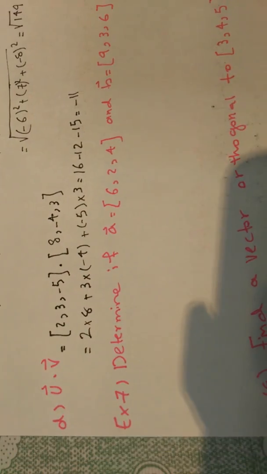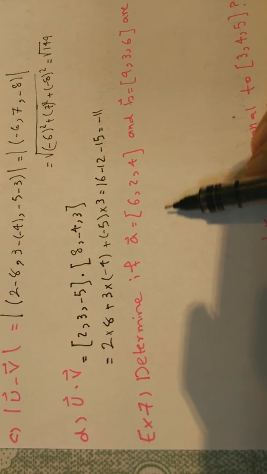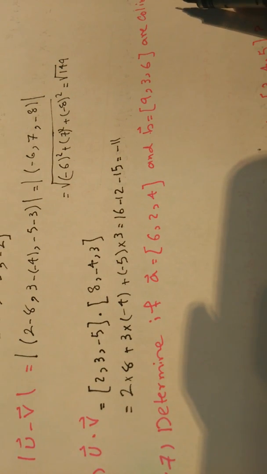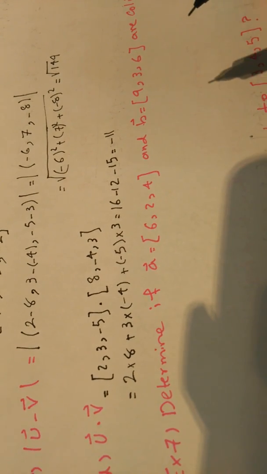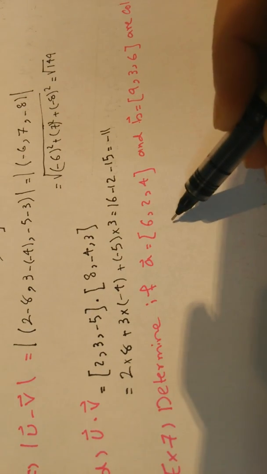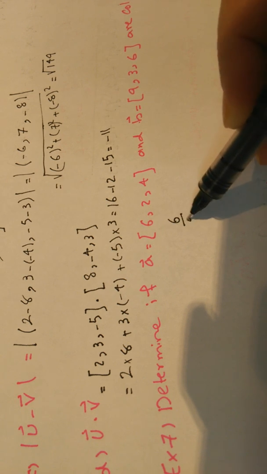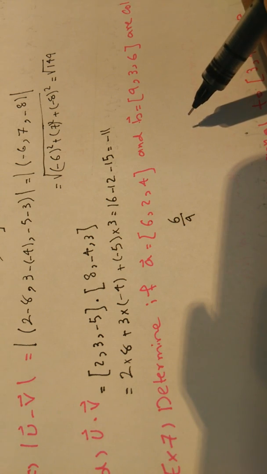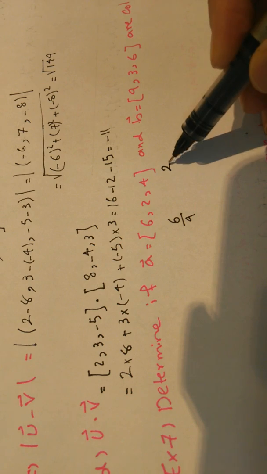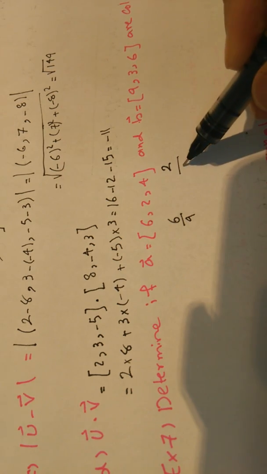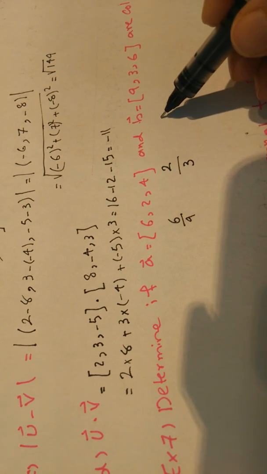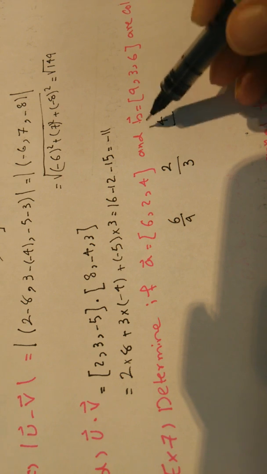So next question, determine if A and B are colinear. So if they multiply with each other, they're colinear. So I want to see if the 6 over 9, so x component over x component, also y component over y component, and z component over z component.